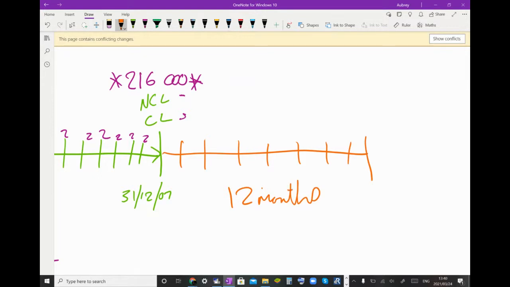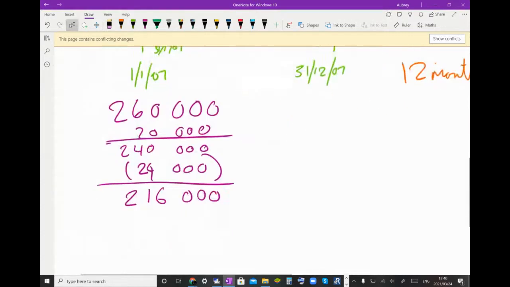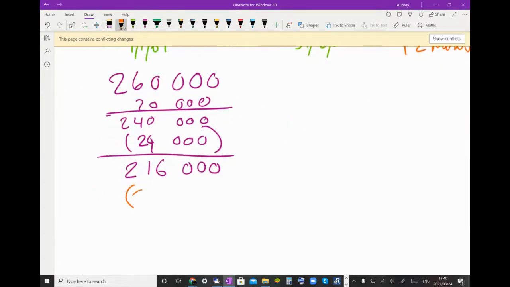We did this calculation before. So here we're going to say minus 24,000. Which gives us what?